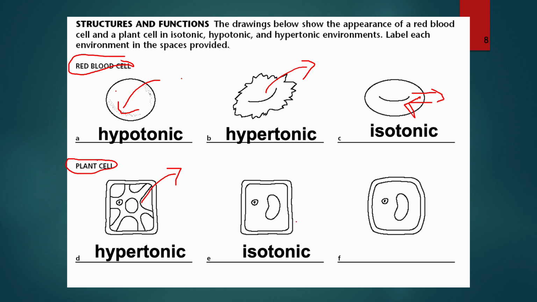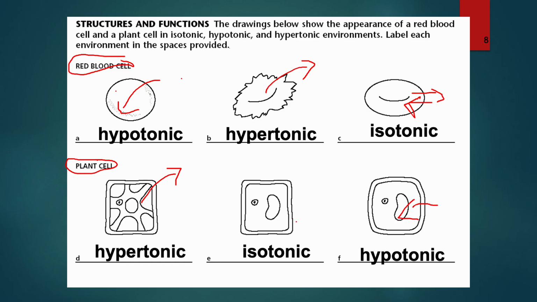On this last one, we notice that the cell is beginning to plump up. As a result, that indicates that the water is going to move into the cell. Water again goes from a high potential to a low potential, so there's a higher water potential outside the cell, lower water potential in the cell, indicating that that cell has been placed in a hypotonic solution.